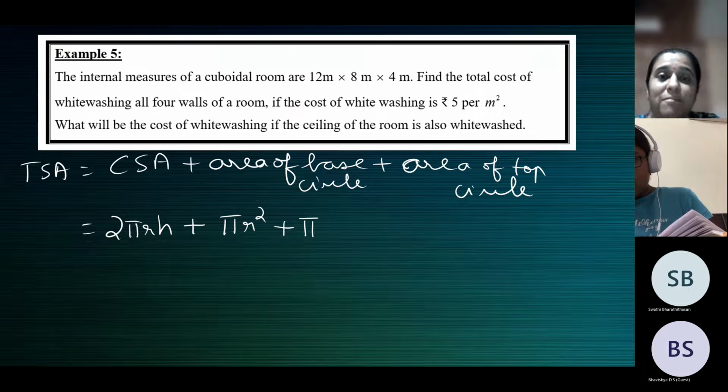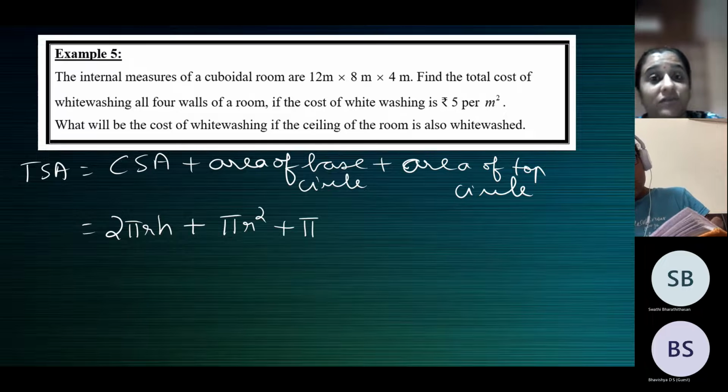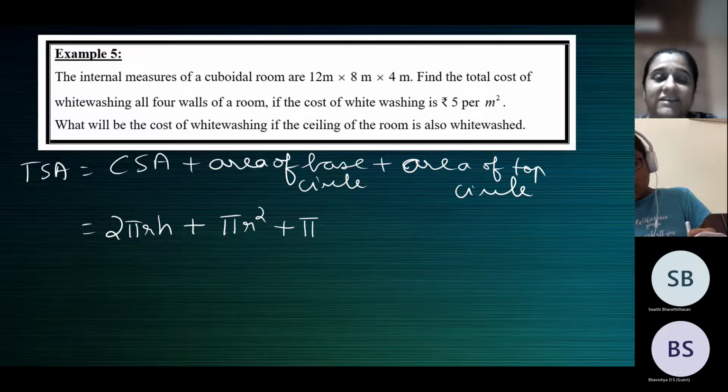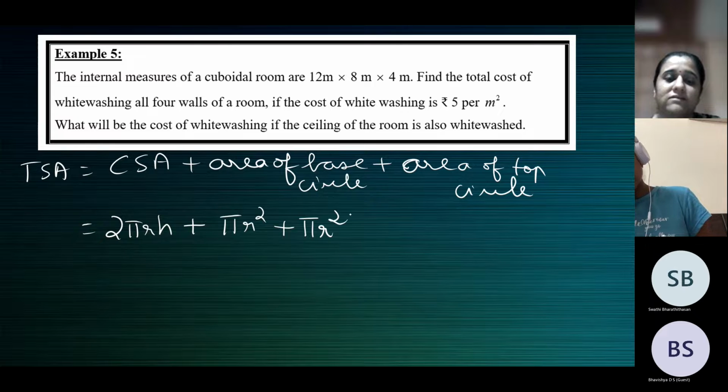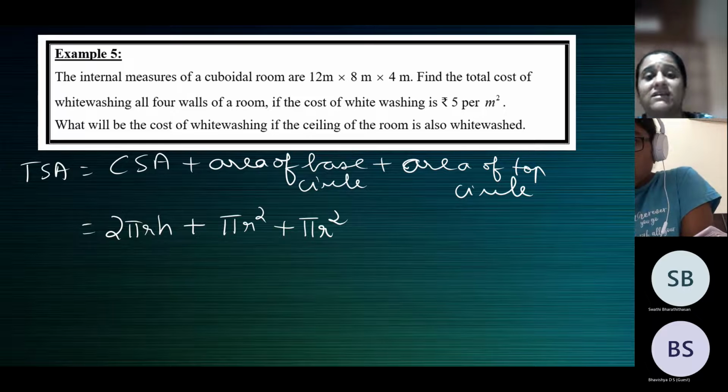When we say pi capital R square, that means the two circles have different radii. In a right circular cylinder, the top circle and the bottom circle are identical. They'll have the same radius. So pi r square only.